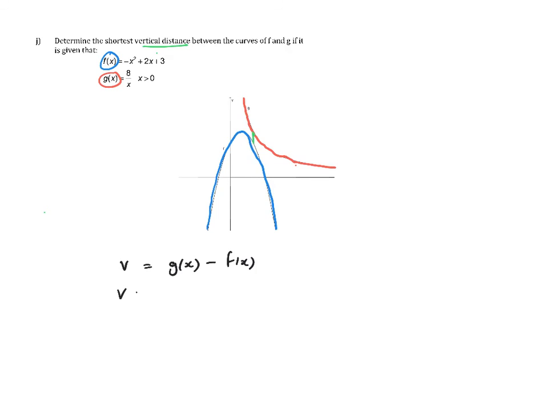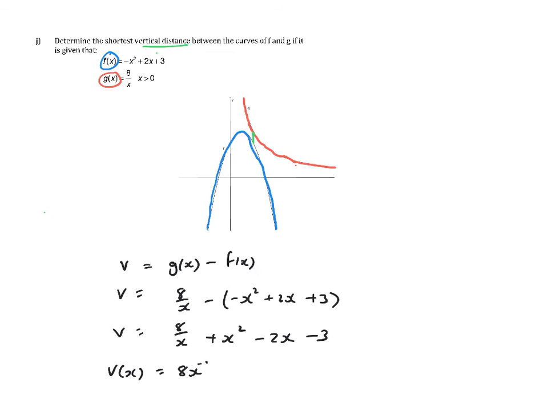So v is then going to equal g of x, which is 8 over x, minus f of x, just be careful of brackets, just be careful of the sign. So that is plus x squared minus 2x minus 3. In other words, this is v of x, the vertical distance in terms of x.